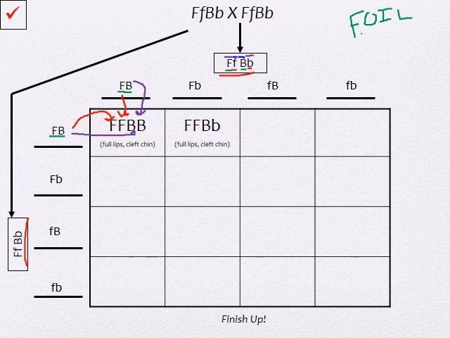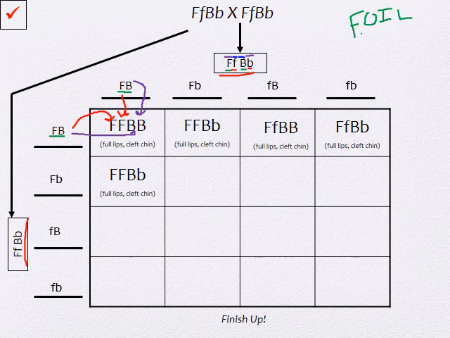For the first row, second column, we have big F, big B, little b, resulting in full lips and a clefted chin. For our third, we'd have big F, big B, little b, resulting in full lips and a clefted chin. For our fourth, we'd have big F, big B, little b, once again resulting in full lips and a clefted chin.